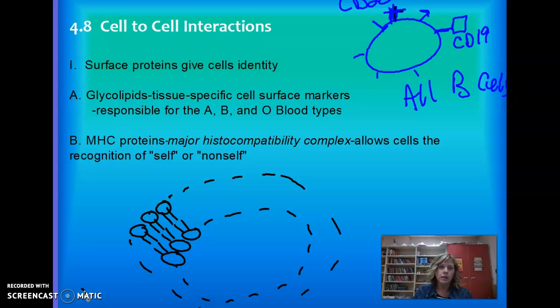This also becomes an issue if people get transplants. So if you get a liver transplant, for example, from someone else, let's say you had a liver disease and your liver is not functioning properly, and basically you can't live without your liver. So you get on a transplant list, and even if it's a close relative, your body knows that that is not yourself, and it will attack and basically kind of eat away at that transplanted organ that you received.